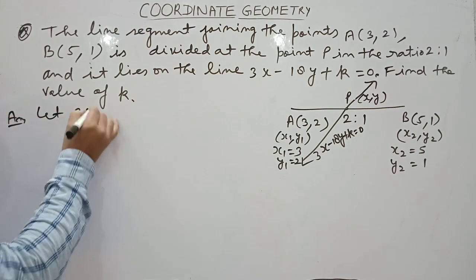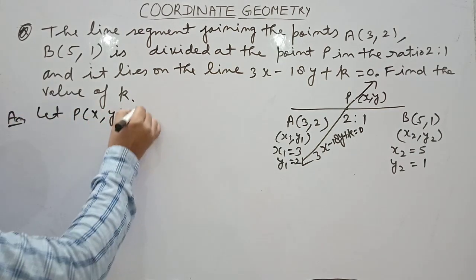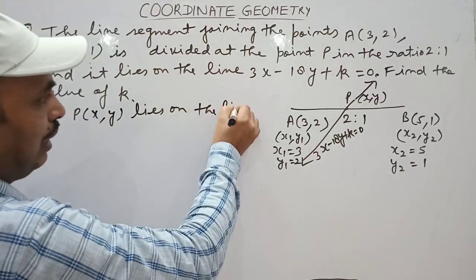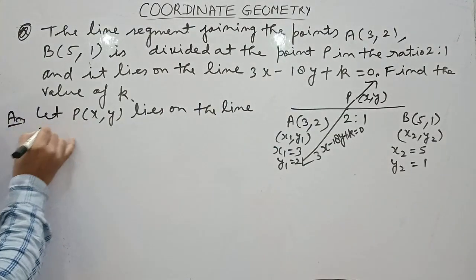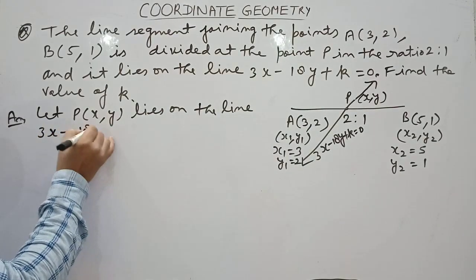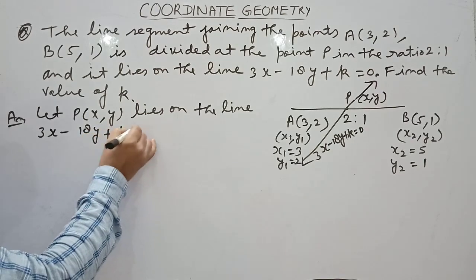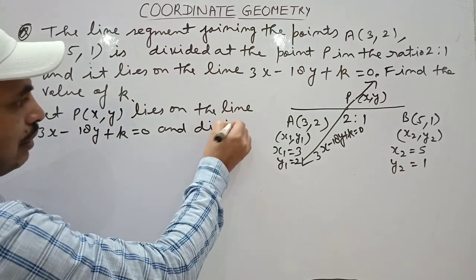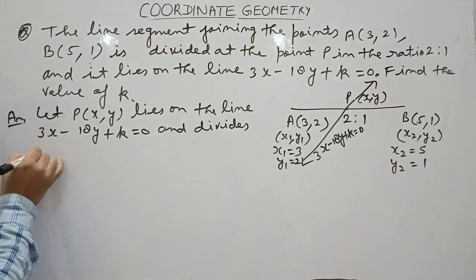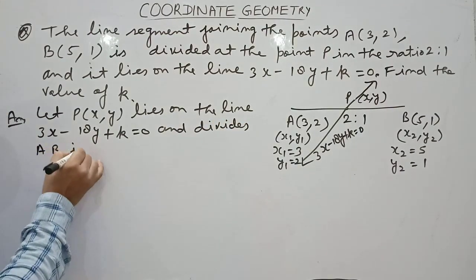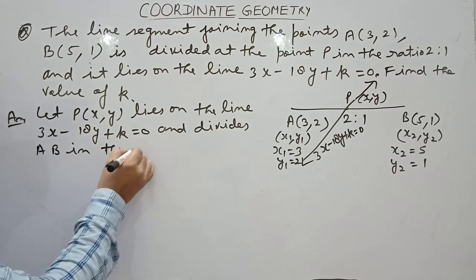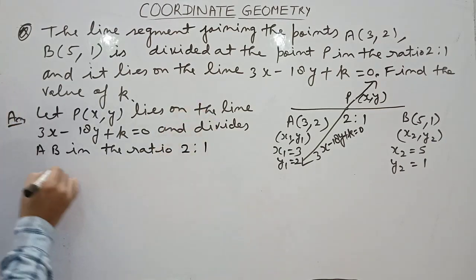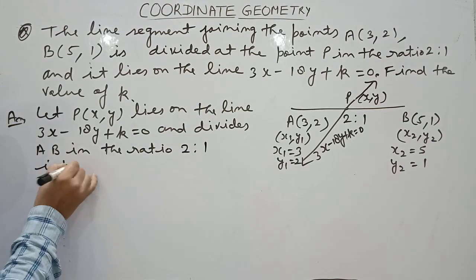Let P(x, y) lie on the line 3x minus 18y plus k equal to 0 and divide AB in the ratio 2:1 internally.